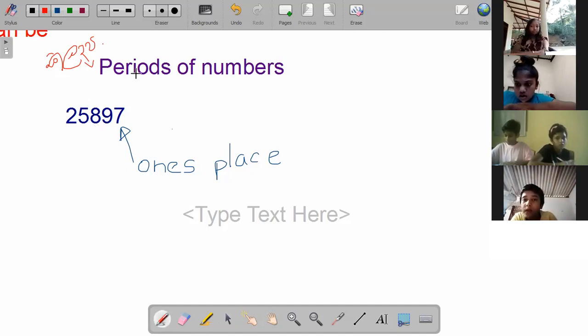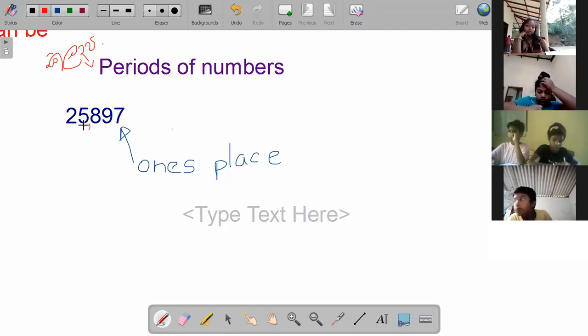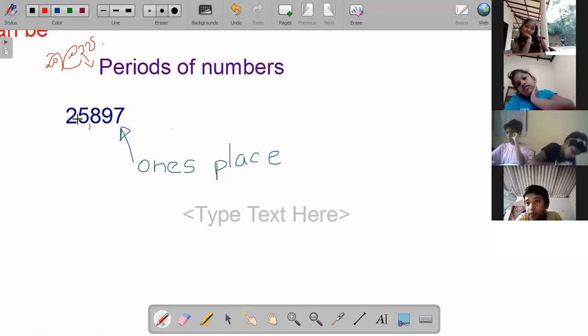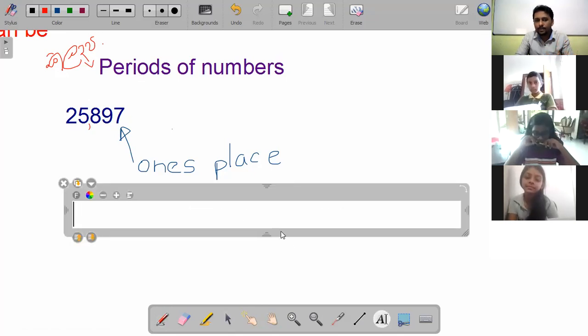Now look at, that's the last 3 digits, 7, 9, 8. That's one period. But the next one, before that period, you can see only 2 digits. So you can't separate into 3 digits. එතන ඉලක්කම් 3ක් නැහැ, ඉලක්කම් 2යි තියෙන්නේ නේද?